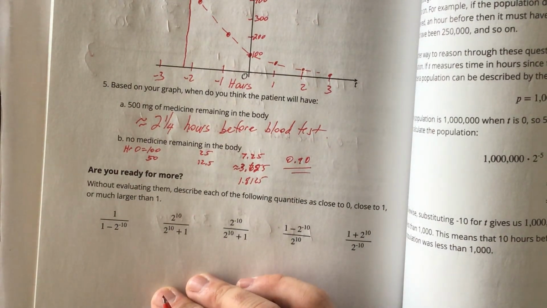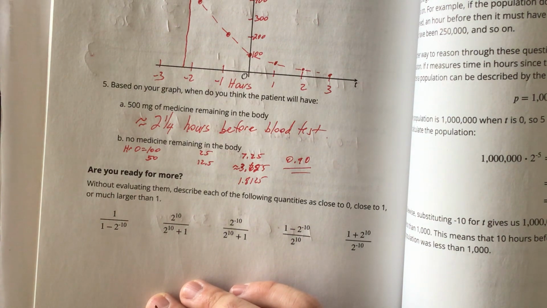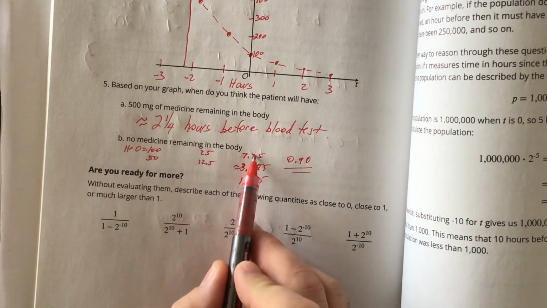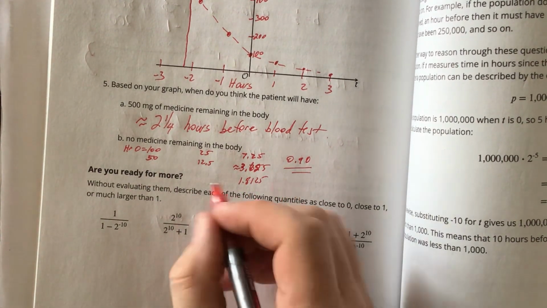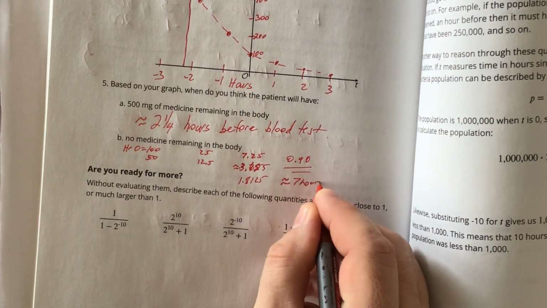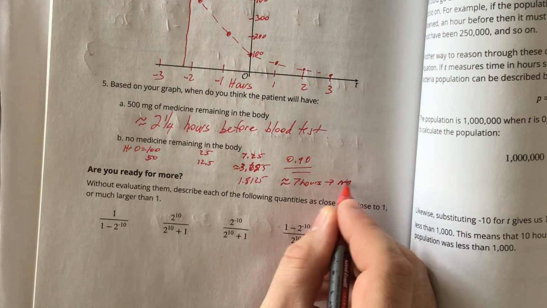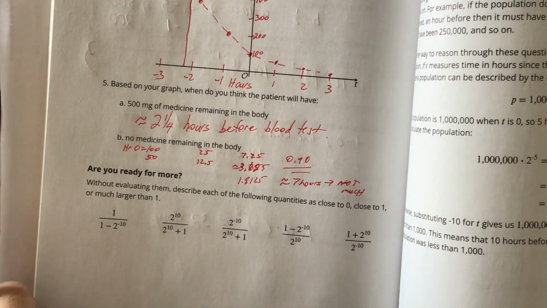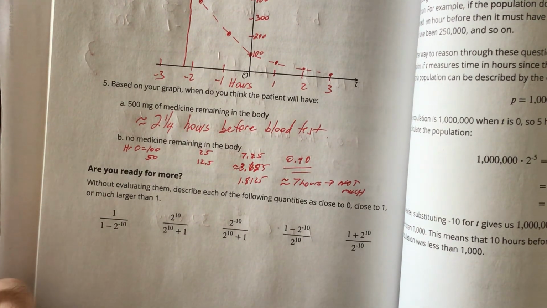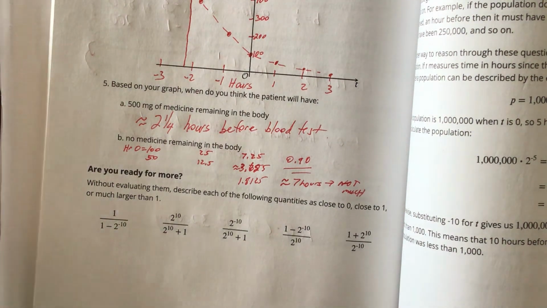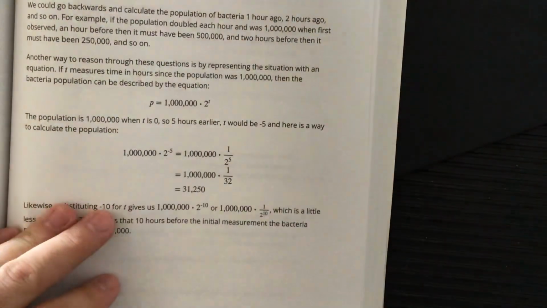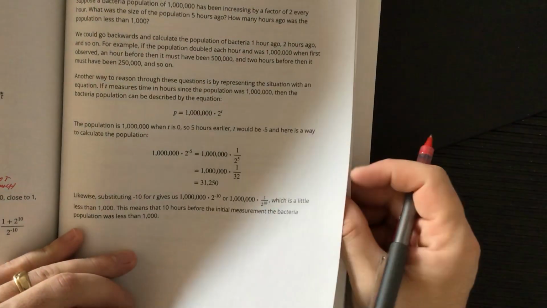That's not a lot. But yeah, it's never going to get completely out. It's just going to keep getting smaller and smaller until it's not even detected. So 1, 2, 3, 4, 5, 6, 7-ish. Around 7 hours. Not much left, less than a milligram. Technically, if you just said it'll never get there, would have been correct too. At some point, though, it gets so low that it does not become detectable.